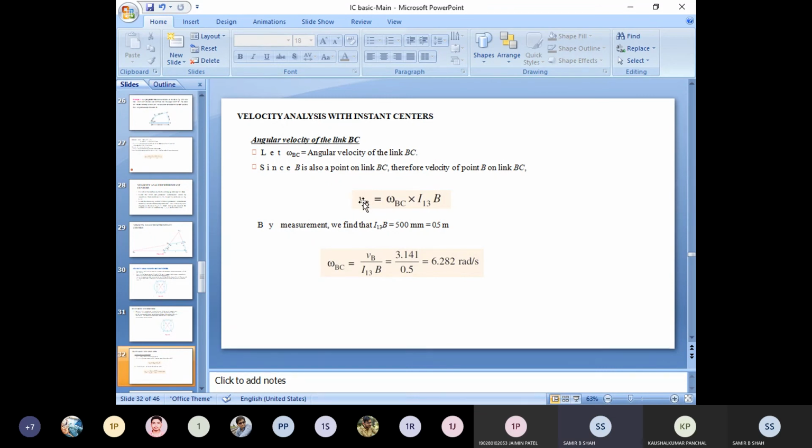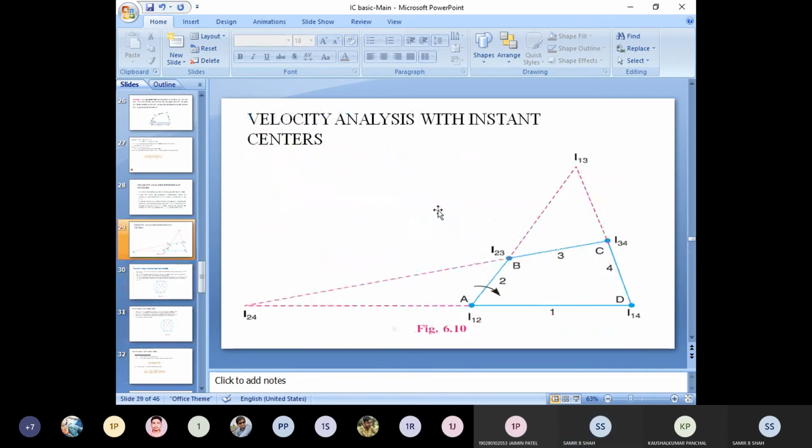We use the equation V_B equals R into omega. Omega BC we are to find. Now I13B. You can see here, the non-permanent I center on the BC link is I13. So we focus on I13 and B to find the velocity of BC.